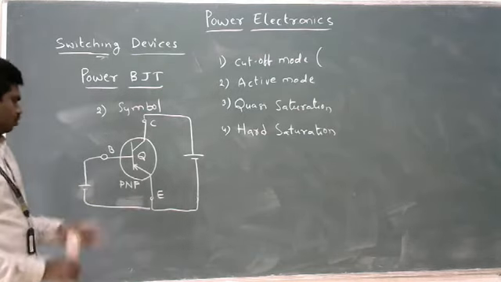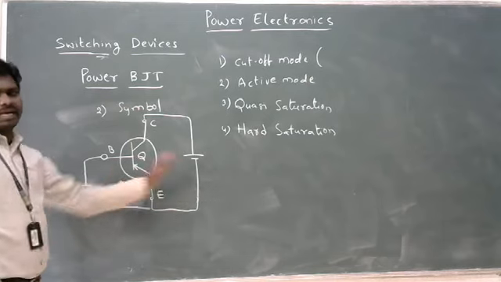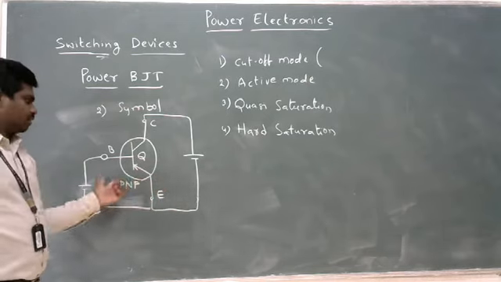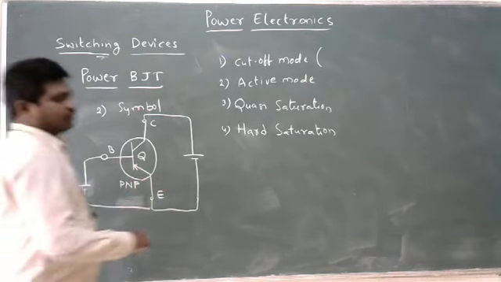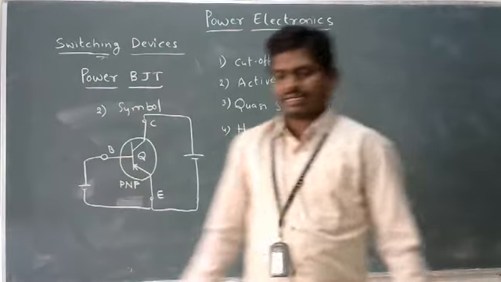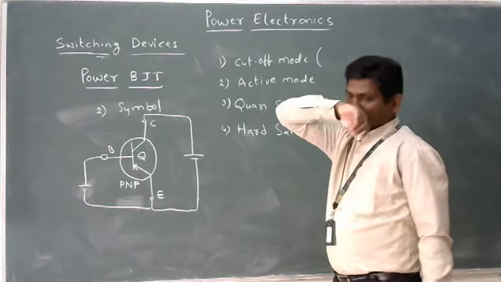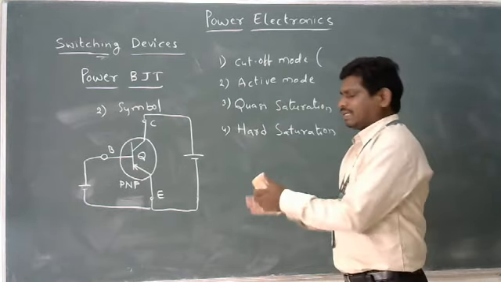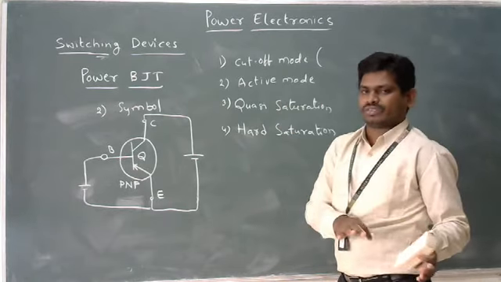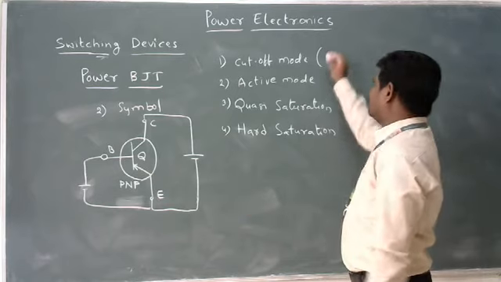Suppose two inputs are there, biasing we are giving on either side. When you want to operate the BJT in cutoff mode, both the terminals, input side and output side, must be reverse biased.